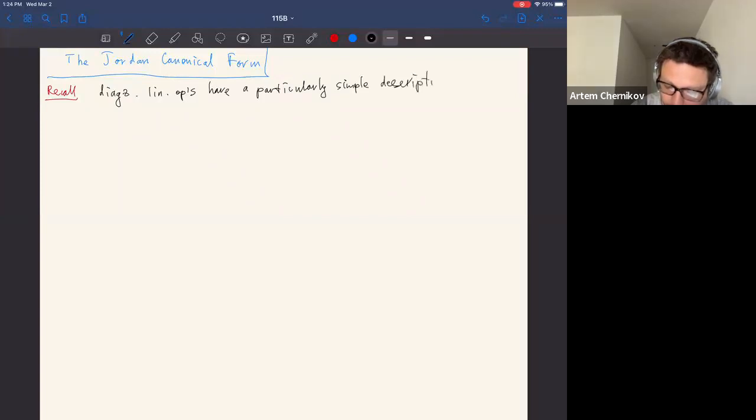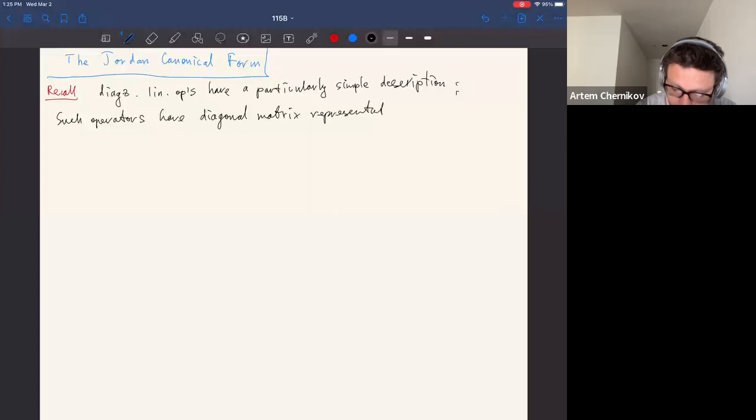Okay, so as we all know very well by now, such operators have diagonal matrix representations with respect to some basis, or equivalently, they admit a basis of eigenvectors.